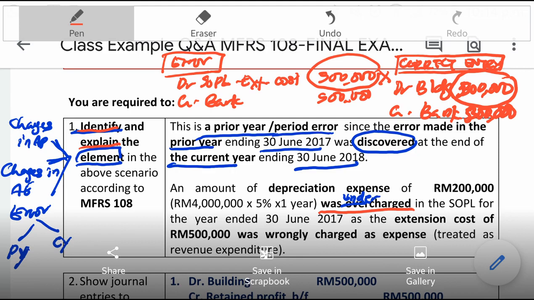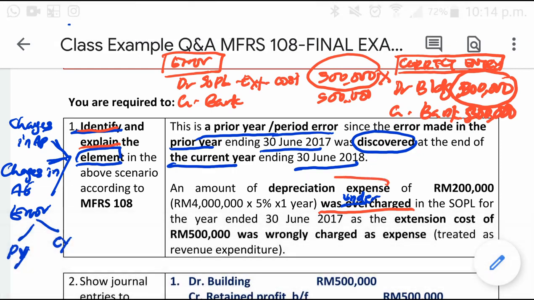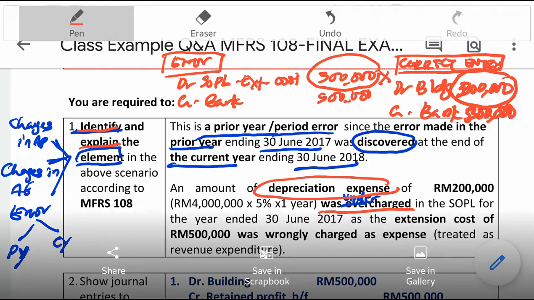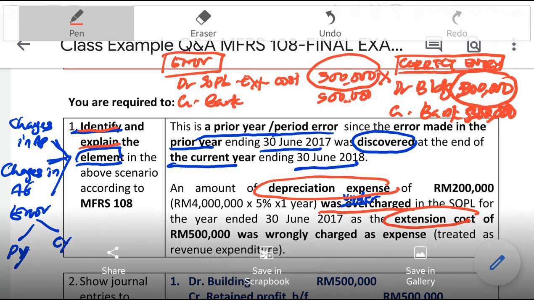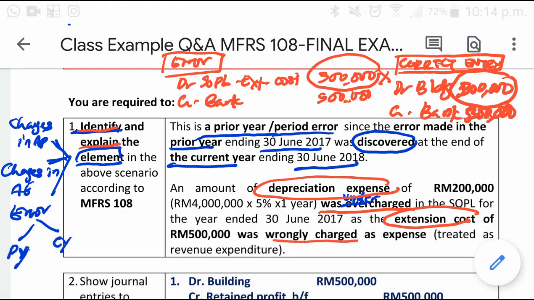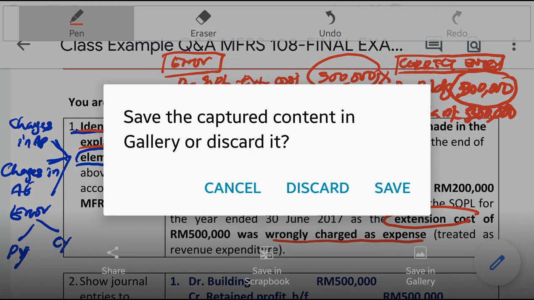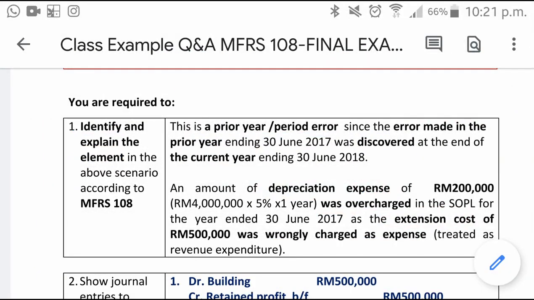And the extension cost was also wrongly charged as an expense. So those are the two things that happened. What are the errors? The depreciation that was undercharged, and also the extension cost that was wrongly charged, so it was overcharged. That is the first part of that question, part 1.